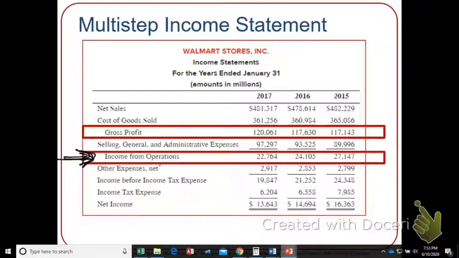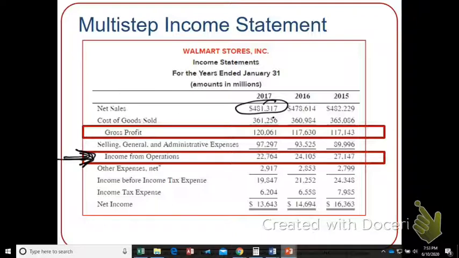Because all the numbers after that, other expenses, income before income taxes, it could also have gains and losses from other items. That has nothing to do with the fact that Walmart has $481 million in sales minus its cost of goods sold, minus its other general expenses.